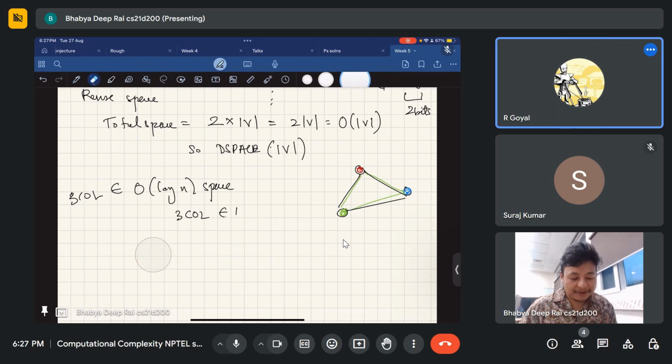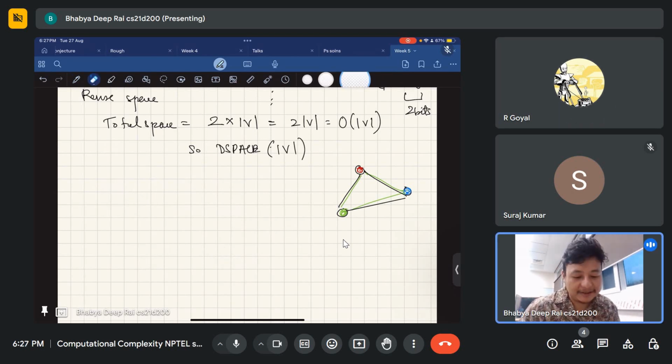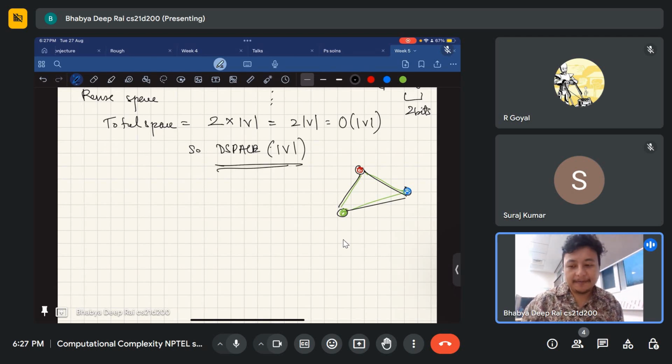So this is another argument why this cannot be done in log space. Okay, good. Until here it's fine, right? You understood why the space is order v. Yeah, okay, good.